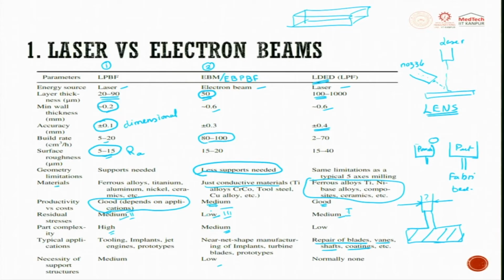Residual stresses are very low, this is good; part complexity, this is good; and here application necessity is low, this is good. Now you see you have several of these advantages with laser, and several you will have with electron beam. So, you have to strike a trade-off while buying a machine for additive manufacturing.